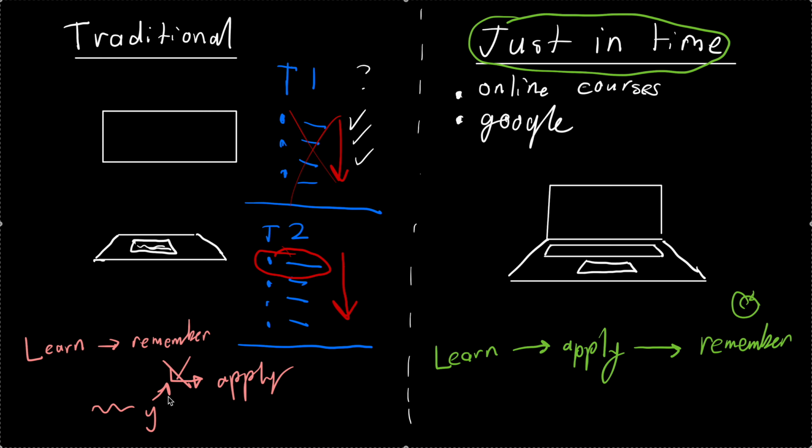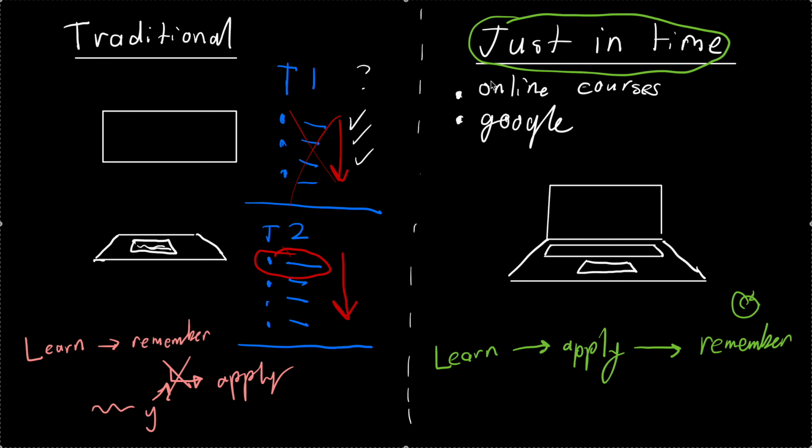So you might not even be able to apply it and actually remember it. Because when you apply stuff, you remember it much better. Which is why just-in-time learning is so much better than the traditional way. So that's the differences between them. And I hope I've illustrated why just-in-time is going to be the best for most people to get stuff done, because it just allows you to remember it better.